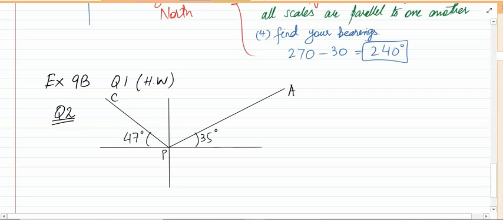So what you need to do is find the bearing of A from P. I'm going to write it down, A from P. So A from P, highlight the angle north of P, right? A from P means that you are looking for this angle. Now we know that this angle is 90, so it will be 90 minus 35, that will be 55. It must be 3 digits, so it is 055, right?